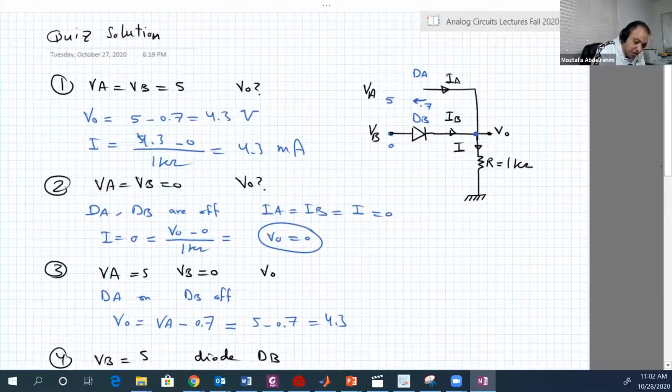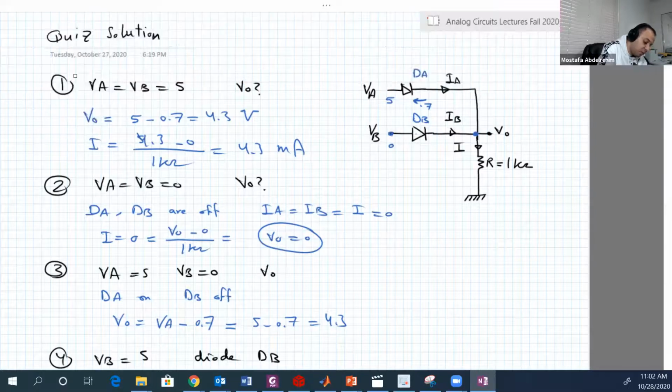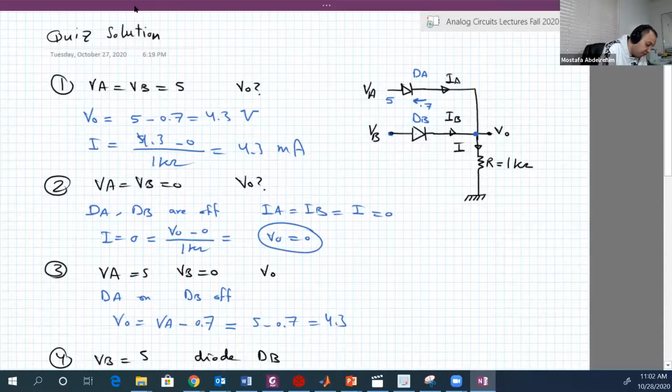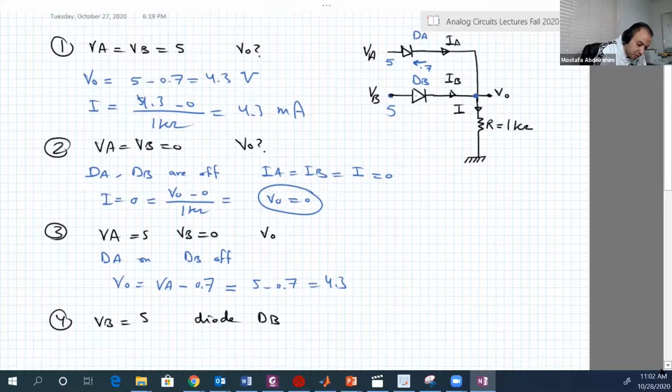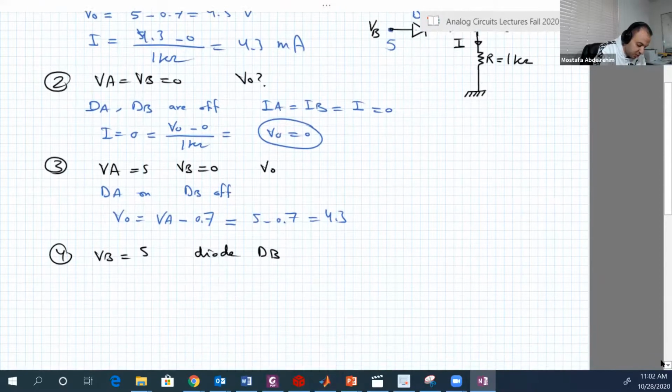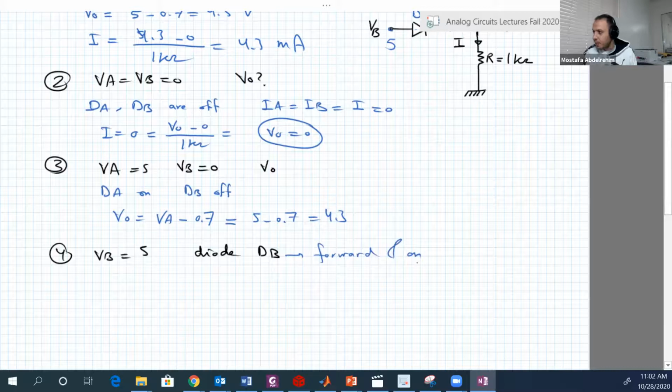I said that whenever you have an input with 5, then its corresponding diode will be on. So in that case, when you have 5 on VB, then DB is on. And on means it's forward. So DB will be forward and on. Okay.